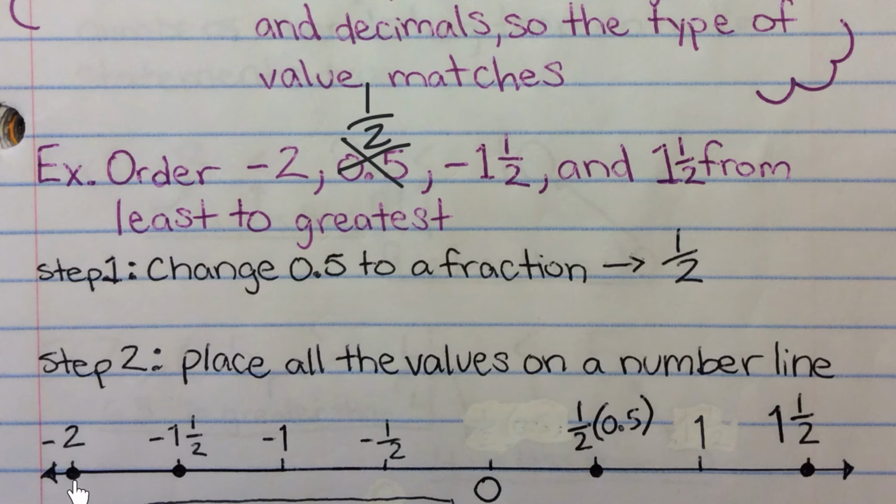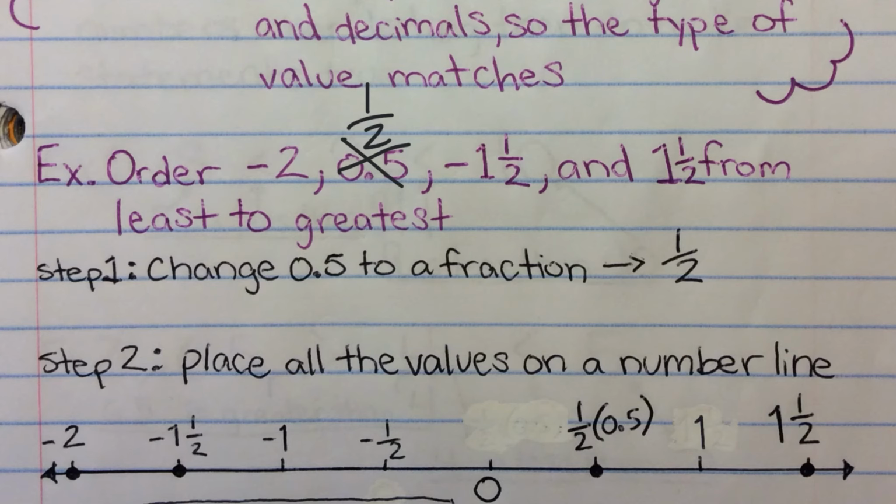So we'll start farthest to the left with -2, and if you add 1/2 to that, you get -1.5, add another half, you get -1, then -1/2, then 0, then 1/2, which remember is this 0.5, that's why I put that there in parentheses. Then we have 1, and then add again, you have 1.5.